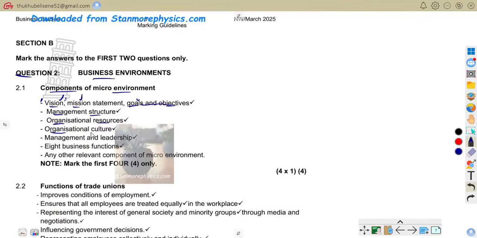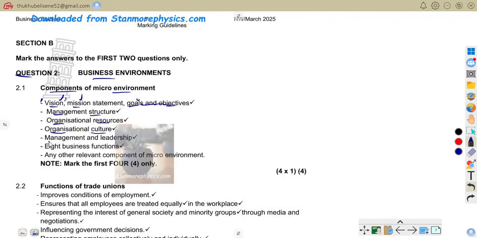Also, another component is organizational culture. With organizational culture, we are talking about the values, beliefs, and behavior shared by employees in the workplace. Good people, for example, a company may promote a culture of teamwork and respect among the employees. That is an organizational culture. That is the culture of that business.